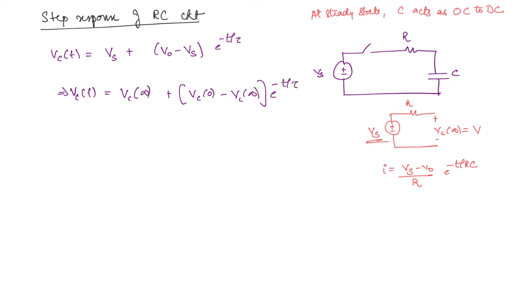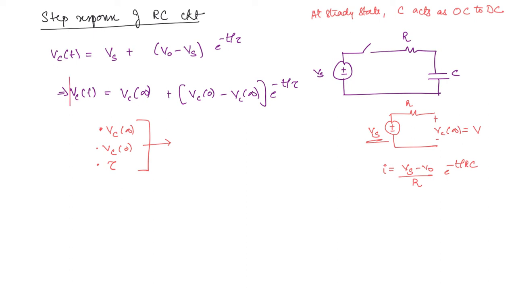So whenever an RC circuit is given, if you can find the final value, the initial value and the time constant, then you can directly write the capacitor voltage using this expression.